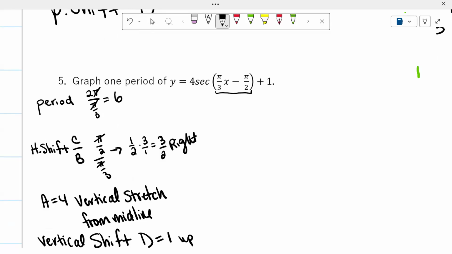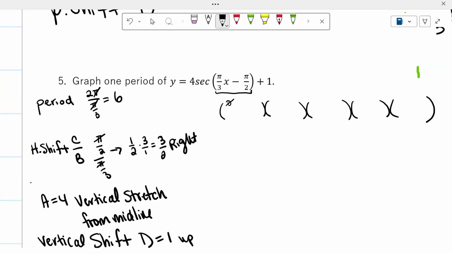So here's how we put this all together. We'll do our 5 key points. I'm going to sketch data points along the way. So 1, 2, 3, 4, start over. I did have a horizontal shift. Normally our secant graph, we start at 0, but we're not starting at 0.